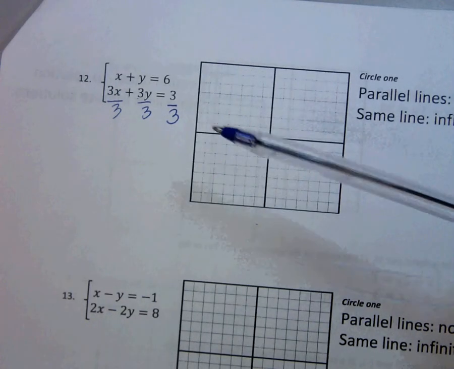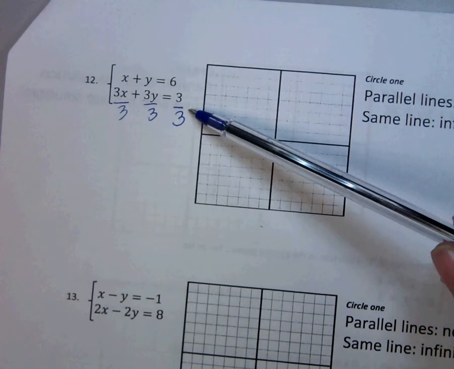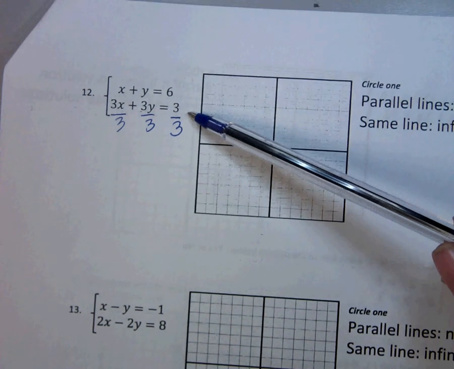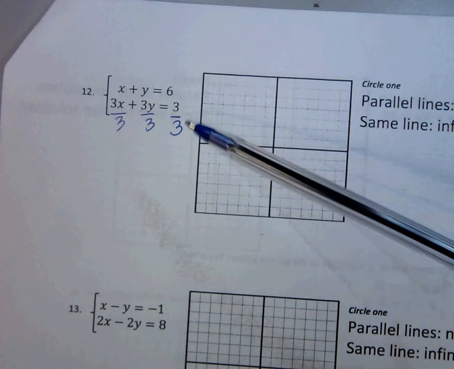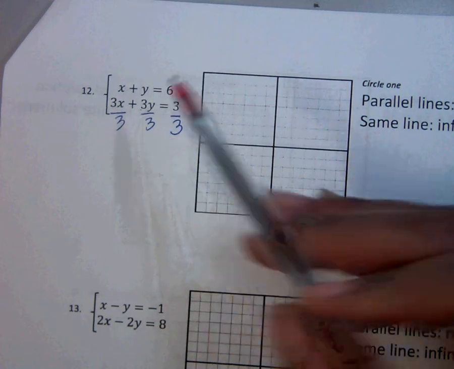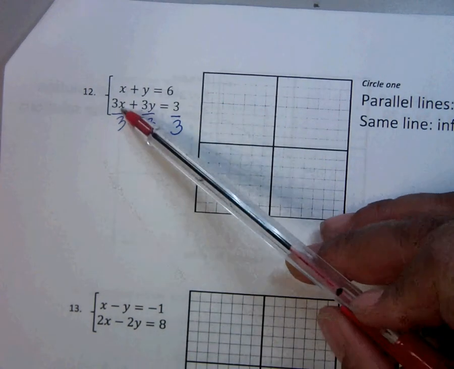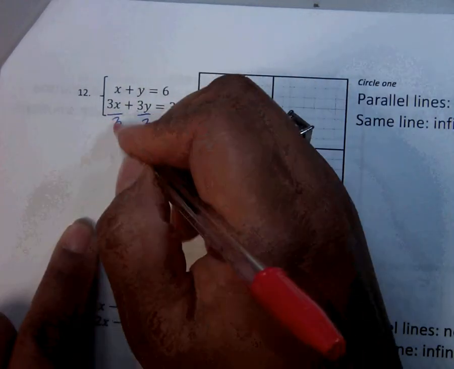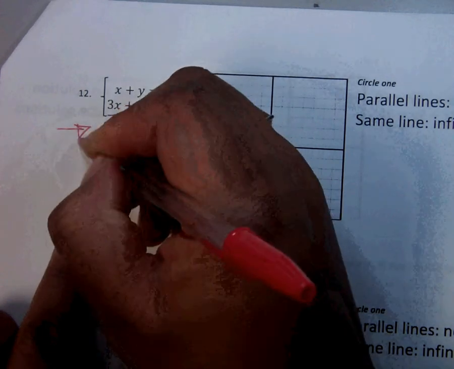I see this a lot. You guys immediately start dividing, and that's incorrect. You need to ask yourself, is the x in the spot that it needs to be in? If your answer is yes, then you just divide if there's a number in front of y. But if x is not where it needs to be, you have to move it. So this is wrong.